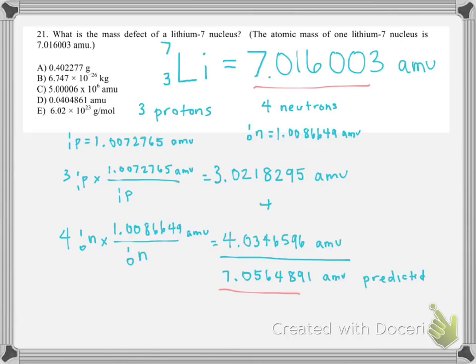So we're going to have 7.0564891 minus 7.016003 for a mass defect of 0.0404861 AMU.